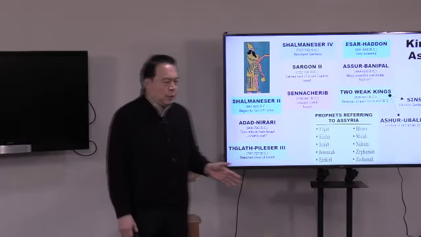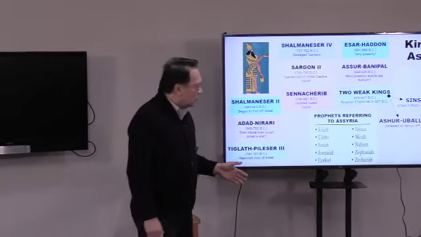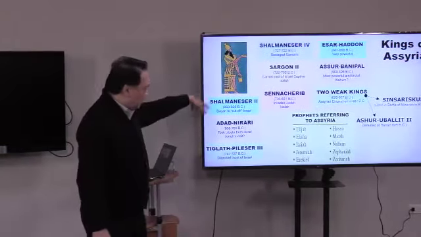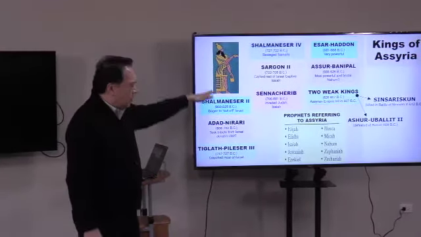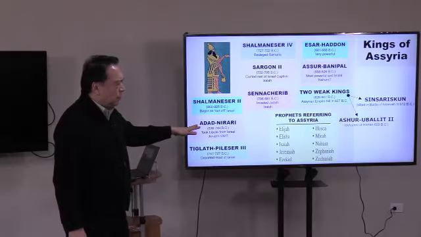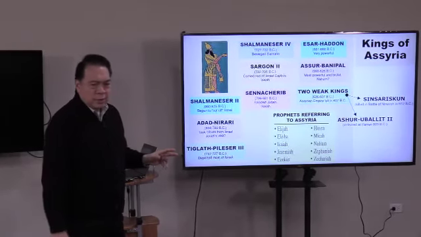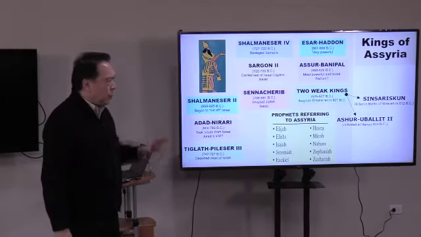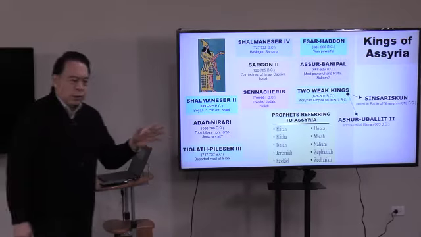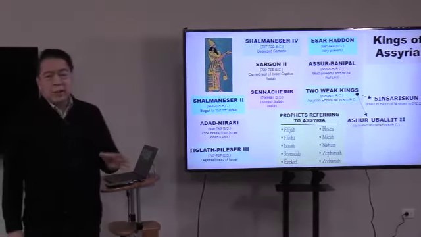You will see that Shalmaneser, these are the kings who are very ruthless, and it's amazing if you read the story of the Assyrian kings, they will skin you alive.